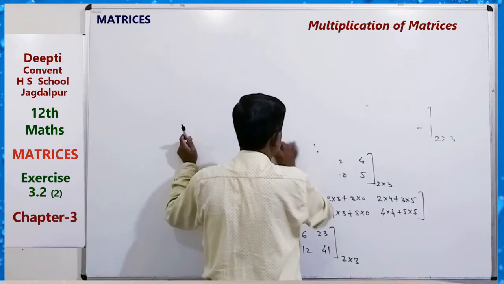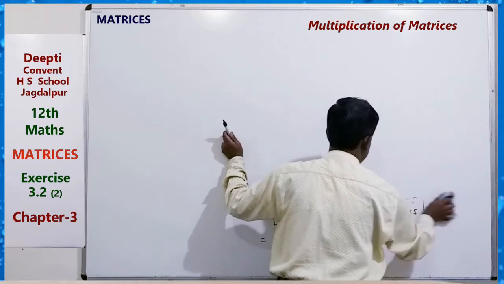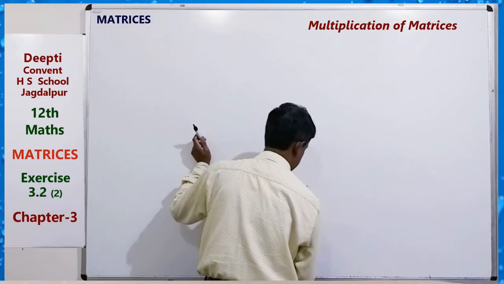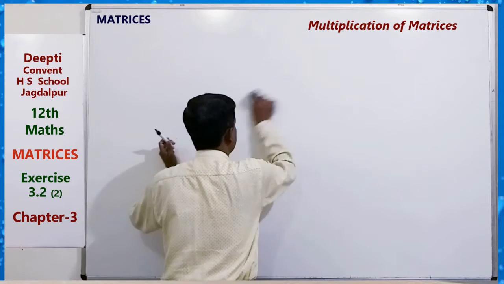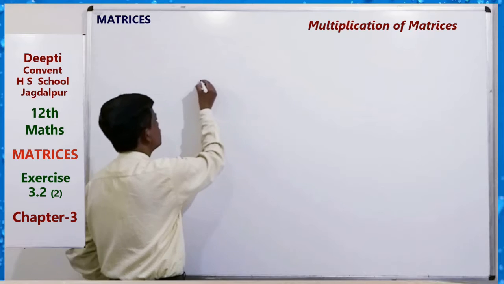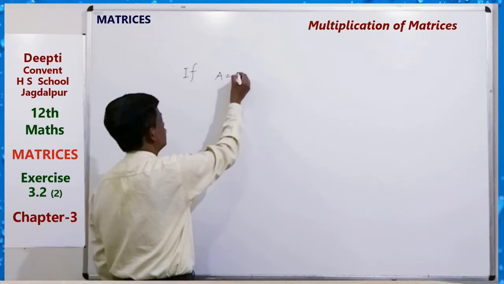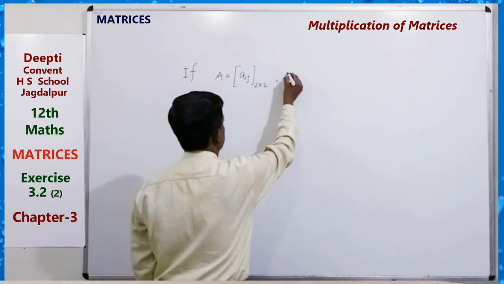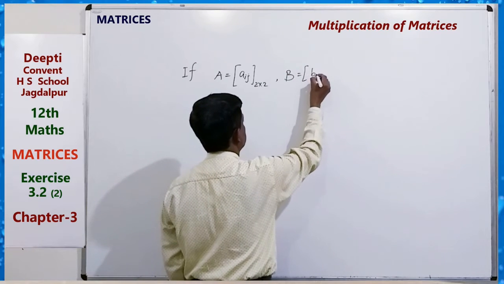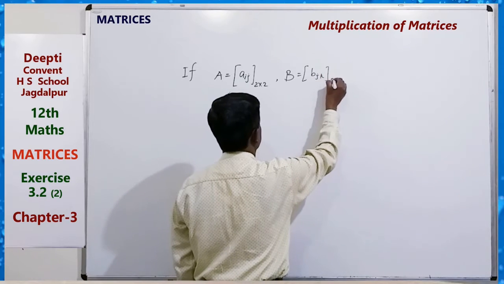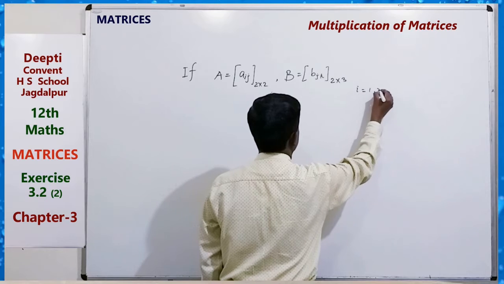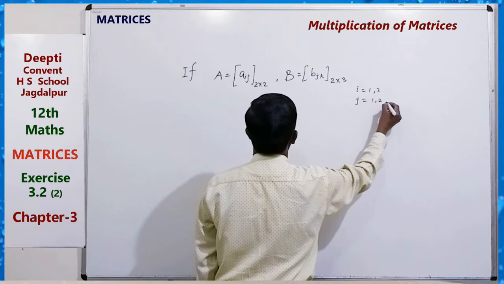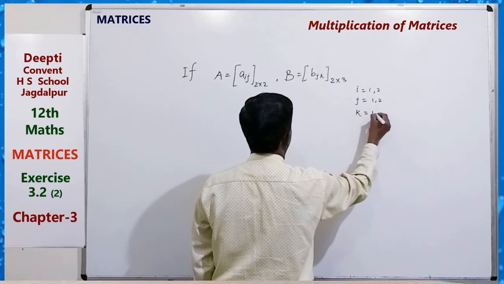Okay, so see that if Aij is 2 by 2 and Bjk is 2 by 3, that is i equals 1, 2, j equals 1, 2, k equals 1, 2, 3.